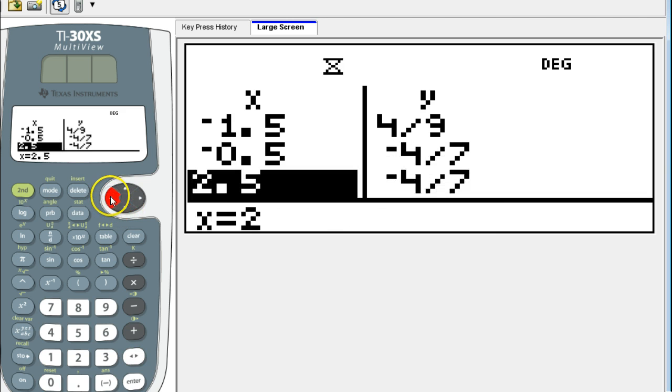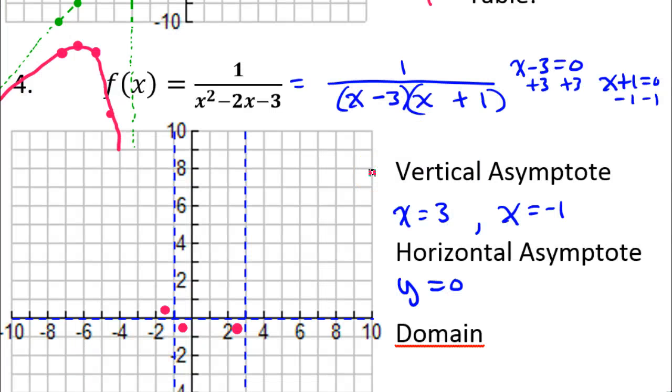So I'll go ahead and type that in, 3.5. Oh, and look, it's 4/9 again. Same as this. Okay, so I've got those 4 points.